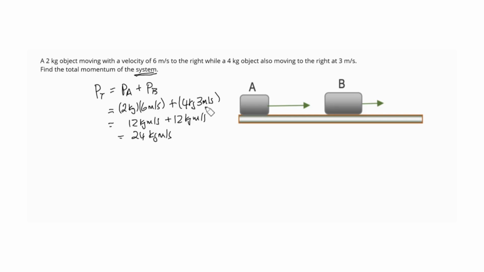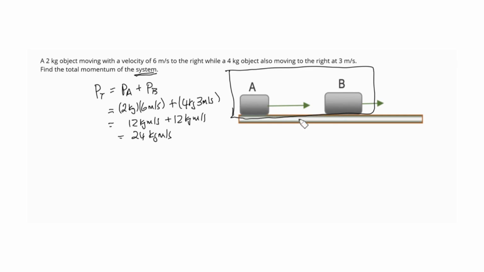So what we're stating here is that the momentum of both these guys together, considering this to be a system, so we pretend this is like one big object, is that their momentum combined is 24 kg m/s, and we'll see shortly why we care about adding the momentum of two of these guys together.